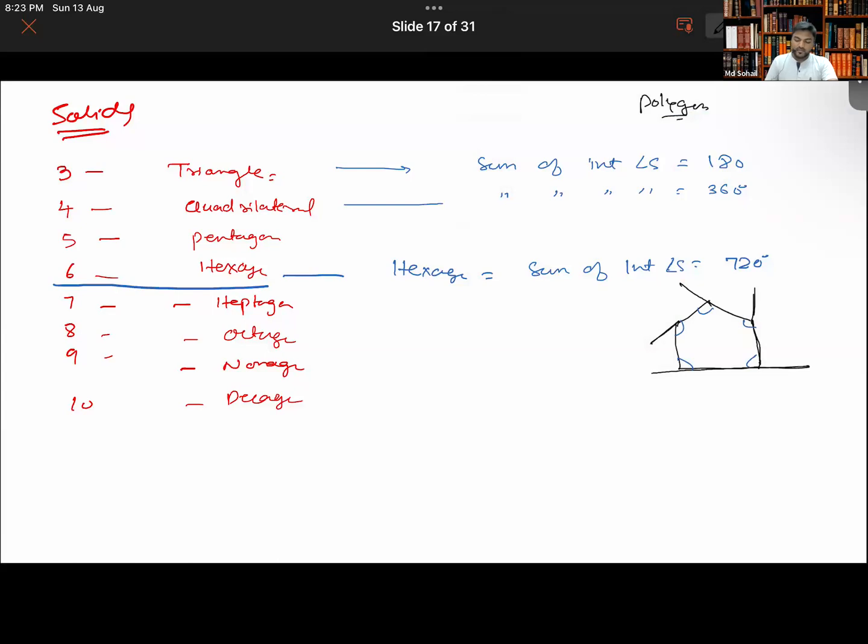This angle over here and this angle, both of them are 90 degrees. One way of finding it is to do a geometrical construction here. You can draw a line over here. This will be 90, this will be 90. So it will be 360 degrees here, right?